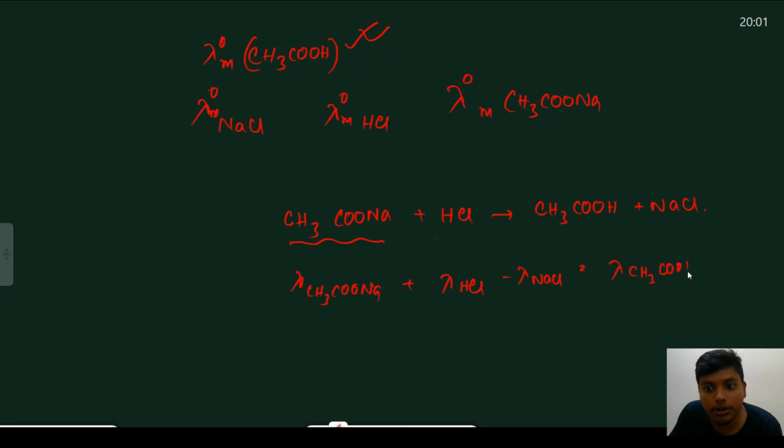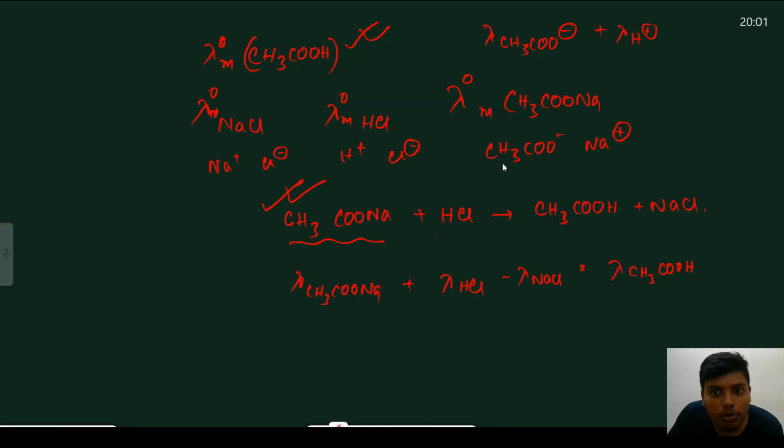is equal to lambda of CH3COOH. See, two methods I will teach you. One, either you write the equation and get it, or else you say, sir, I need lambda of CH3COO minus plus lambda of H plus, right? So what do I have? Na plus, Cl minus, H plus, Cl minus, CH3COO minus and Na plus.